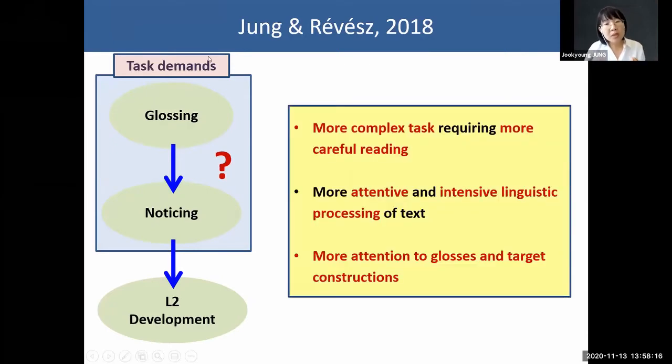So more complex tasks requiring more careful reading may change the reading processes, because if the reading task requires more careful reading, we would observe more attentive and intensive linguistic processing of the text, which results in more attention to glosses and their gloss target items. That was our hypothesis.